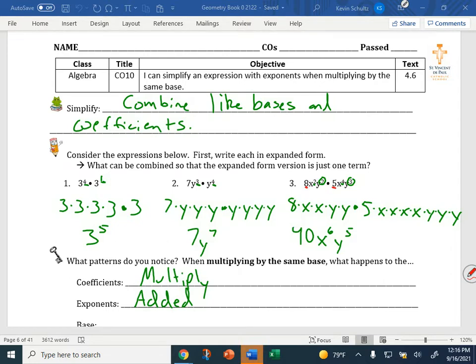Okay. In the second example, what's the coefficient to that y to the 4th? What's the hidden math? I was so happy when I found that poster. Yeah, it's a 1. Okay, the orange section on the hidden math poster back there, right? X is the same as 1x. Y to the 4th is the same as 1y to the 4th. So our coefficient 7 times 1, it still holds.